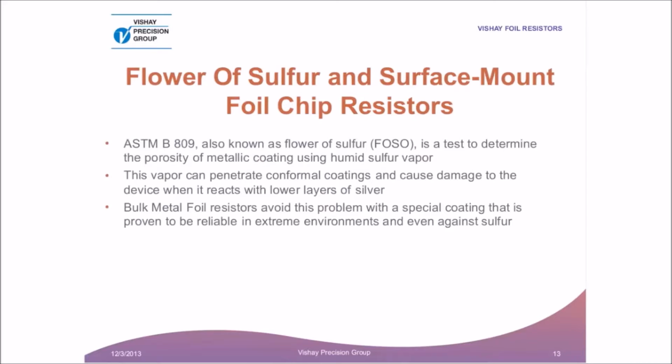And this is the possibility of damage to the resistor when the lower layers of silver react with sulfur in the atmosphere, or especially in high humidity sulfurous atmospheres. In order to solve this problem, the bulk metal foil resistors have a special coating that is proven to be reliable in extreme conditions and even against sulfur.